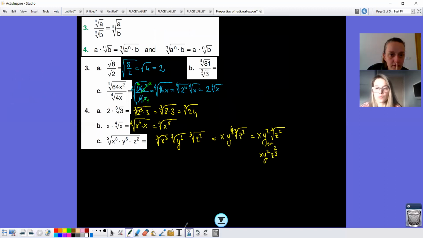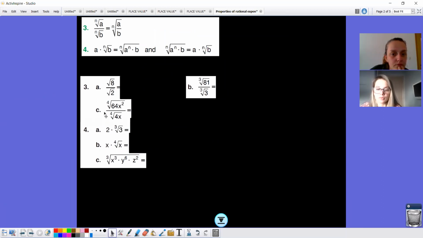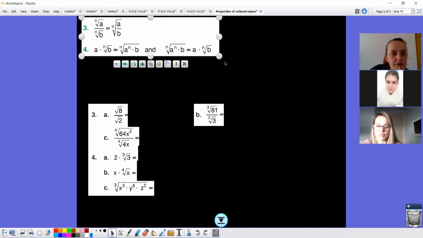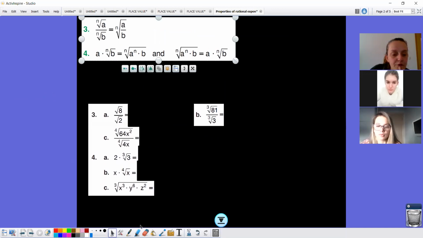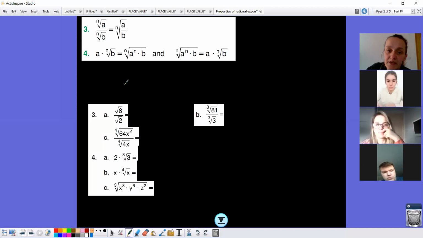Here we have two more properties, the third one and the fourth one. If you also have division of nth roots, like nth root of a over nth root of b, you can write them in the same radical sign, nth root of a over b.